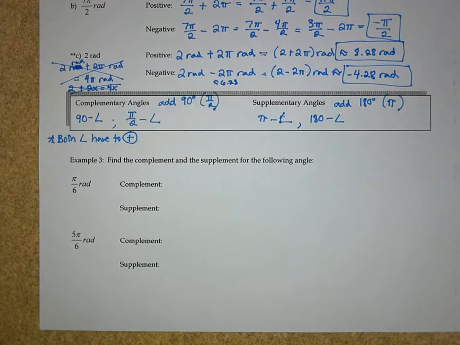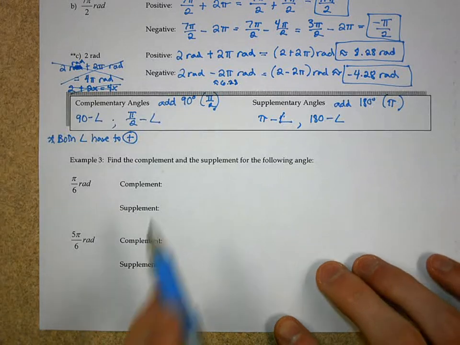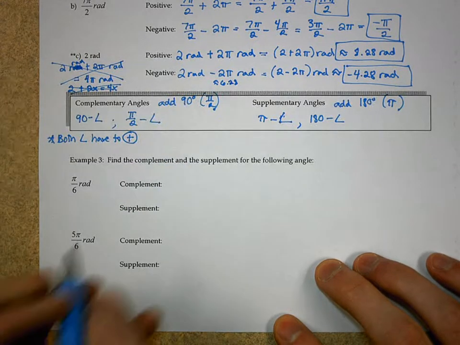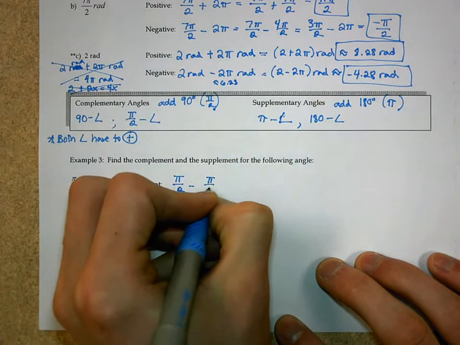So I've got pi over 6 radians, and I want to find a complement and supplement. So to find a complement, I'm going to subtract the angle measurement from pi over 2. So pi over 2 minus pi over 6.